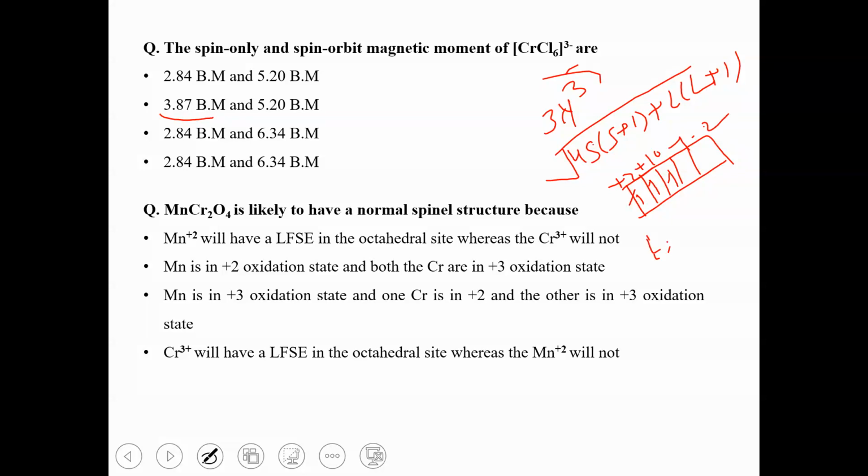So it will be having L value 2 plus 1, that is 3. Okay. And what is your spin value? That is 3 by 2, because all the 3 electrons are unpaired. So just put these values in this formula, and you will be getting the value of the spin-orbit coupled magnetic moment. Okay. Just calculate and tell me what value you are getting.